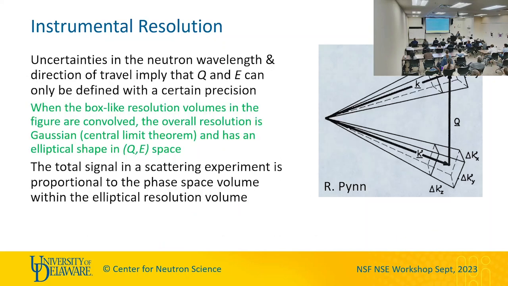These are details about the resolution, but maybe I can pitch in. As we build instruments and want better and better resolution, meaning we want to probe longer and longer time scales, we realize that to do that we have to compromise more and more on flux. To have good resolution, you have to define more and more precisely the energy of your incoming neutron, and more precisely define the energy of your detected neutron.